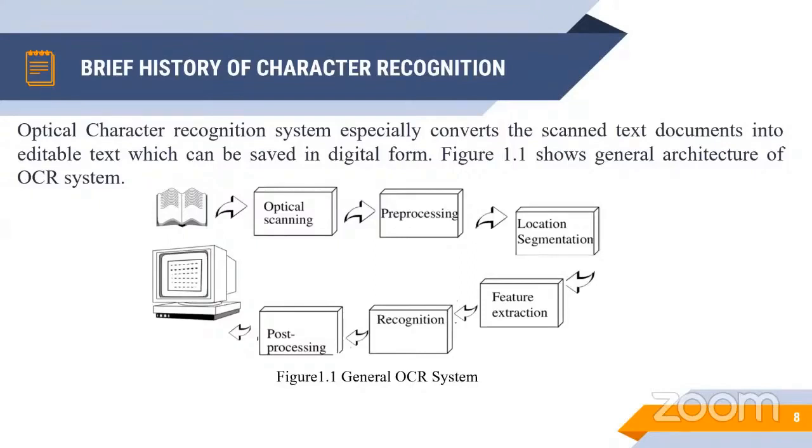When I want to go for location segmentation, I remove the noise using pre-processing steps. After that comes location segmentation, which finds where the character is located. It is shown in one particular green box format.